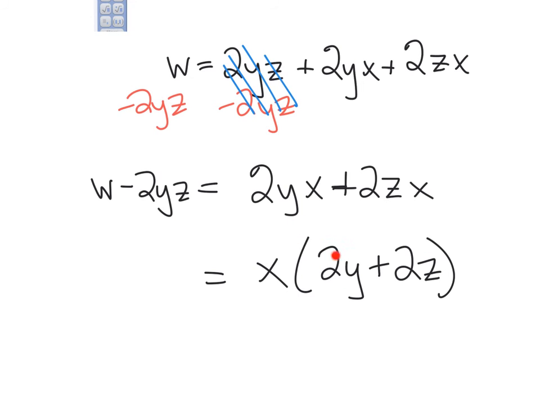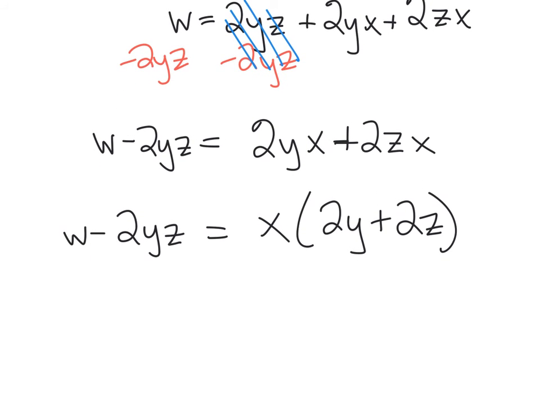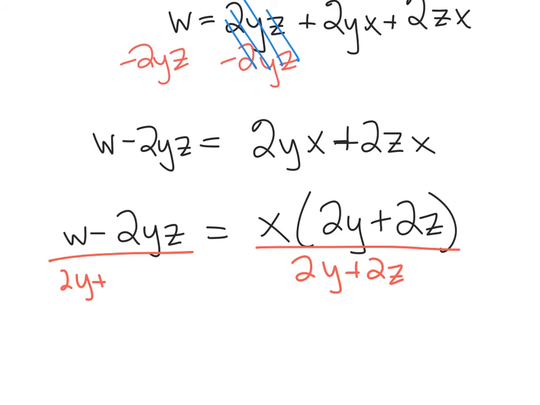And if you want, you can just use the distributive property to verify that this and this are the same thing. They just look different. Now the left side is still w minus 2yz. Nothing we can do to simplify that. And so now I want to get x all by itself, so I'm going to divide both sides by 2y plus 2z. And so what happens on the right side?